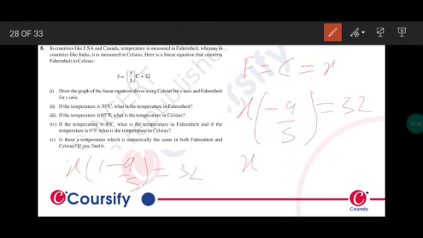So X is minus 32 into 5 divided by 4. X is equal to minus 40. That means at minus 40 degrees, both the Celsius scale and Fahrenheit scale are equal.